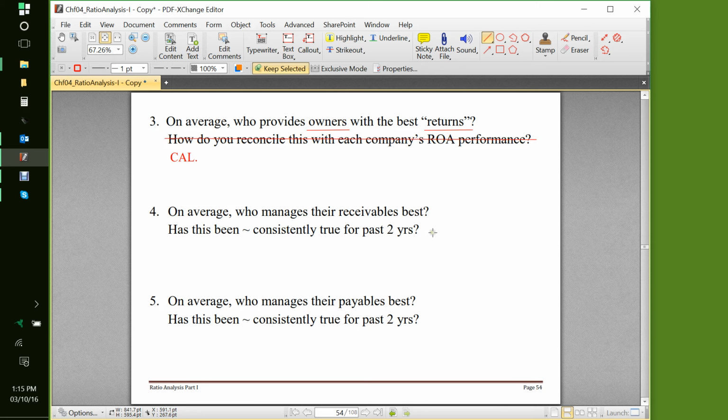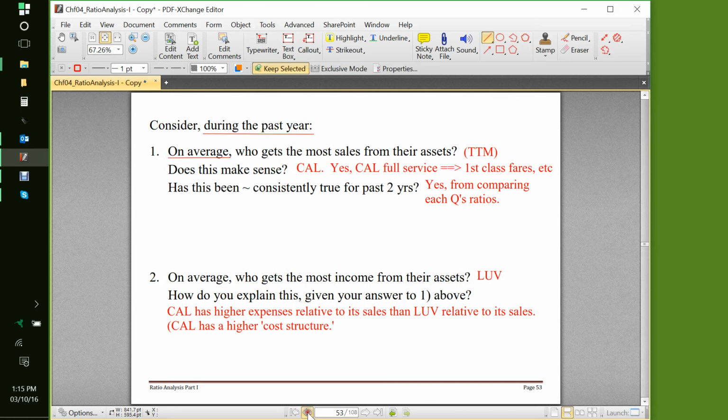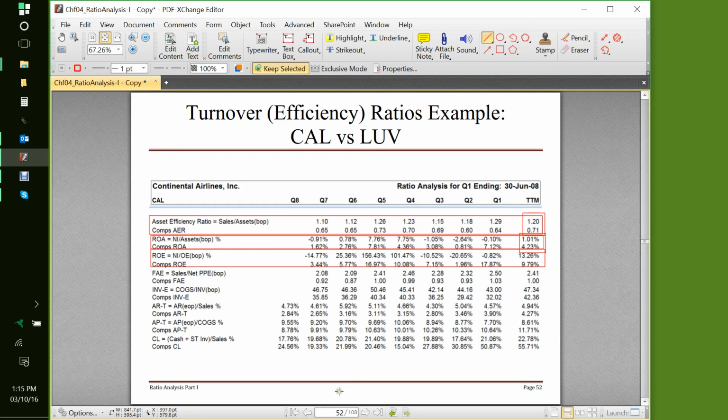On average, who manages their receivables best? Okay. So we're going to have to find a ratio with receivables in it, and I'm only seeing one here. Okay, so that's going to be our accounts receivable turnover ratio, right?